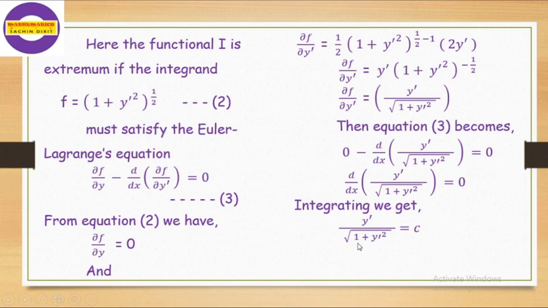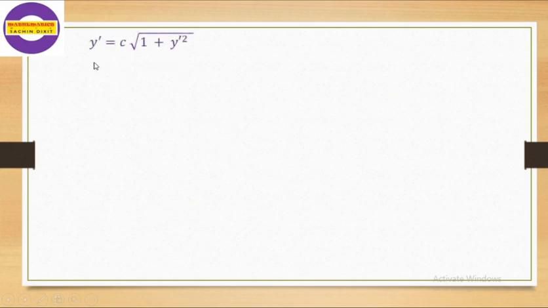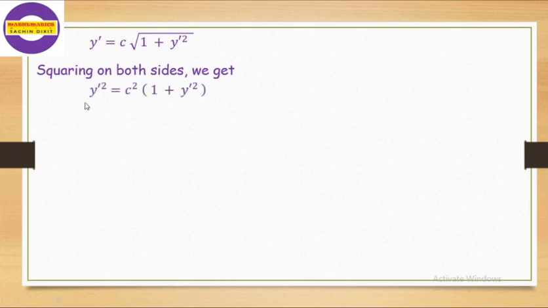Now cross multiply the root to this side. We get y' equals c into the square root of 1 + y'^2. Squaring on both sides, we get y'^2 equals c^2 into (1 + y'^2). Now multiply this c^2 to both the terms of the bracket.